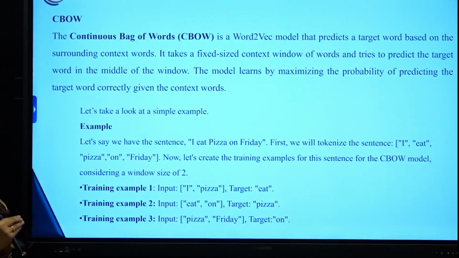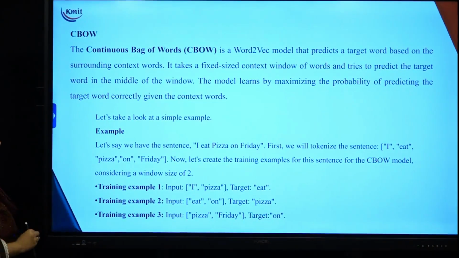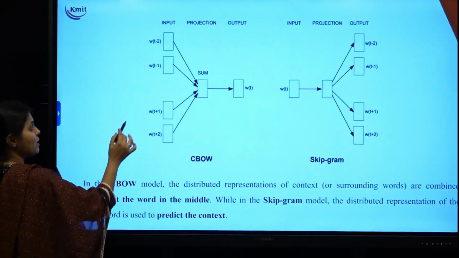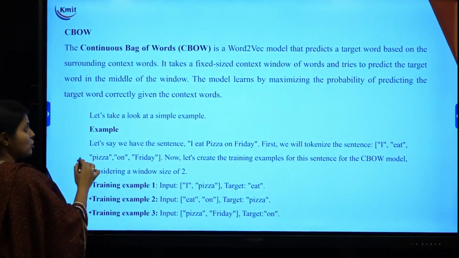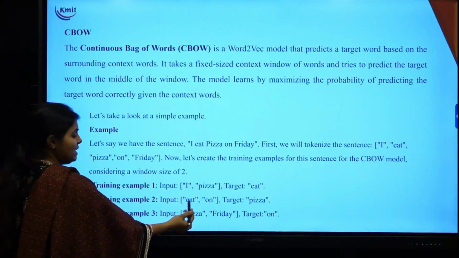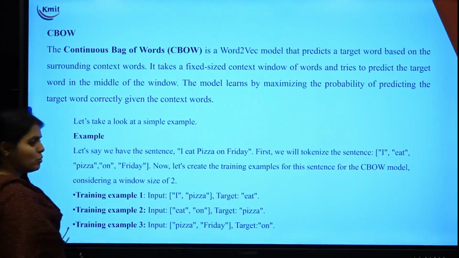Now, when you want to create the training examples for this sentence for the CBOW model, we will consider these examples. I and pizza are the 2 words that will be given as input. Here in the inputs I may give I, pizza. So the target word that can be predicted is what? Eat. When I give eat, on as my input words, the target word predicted could be pizza.